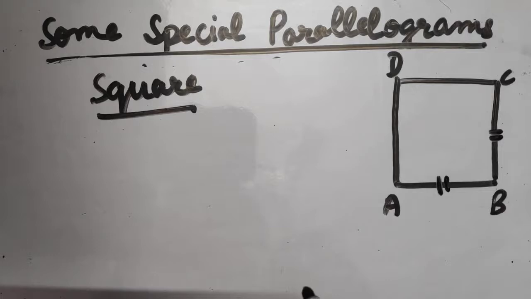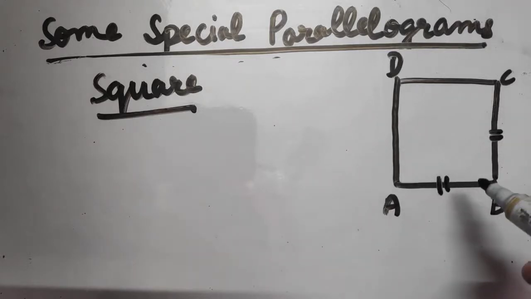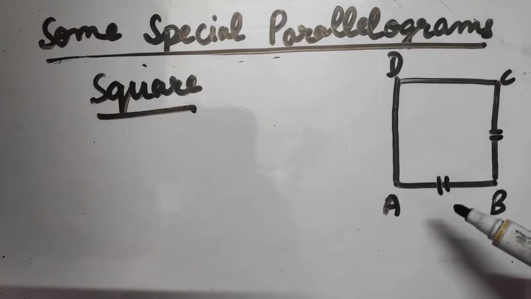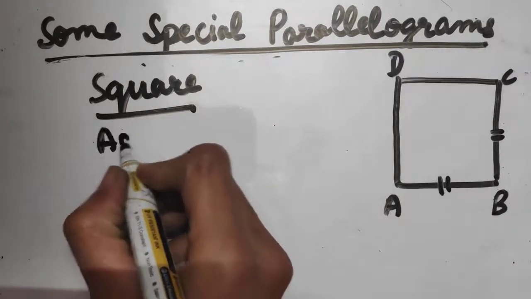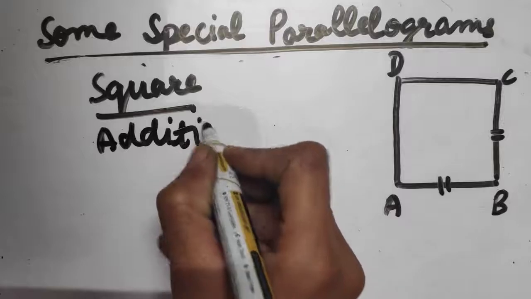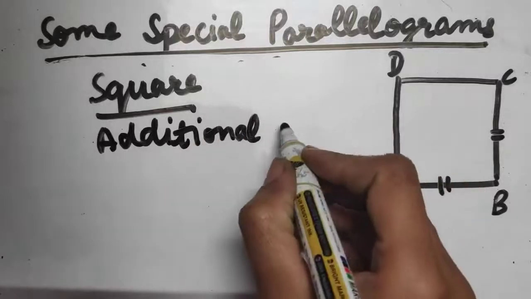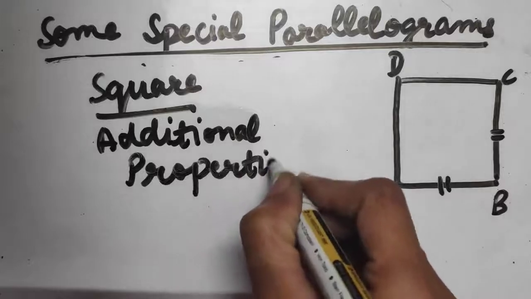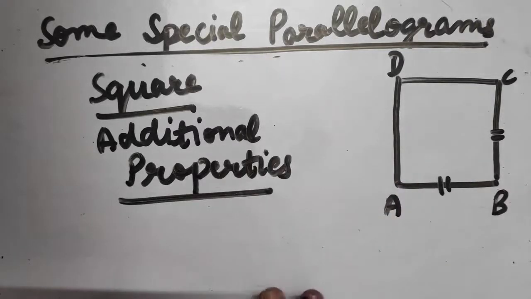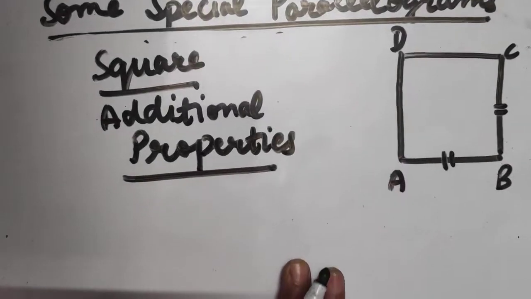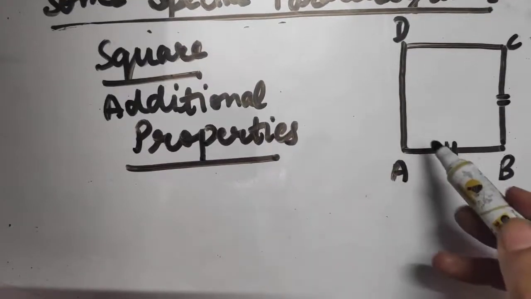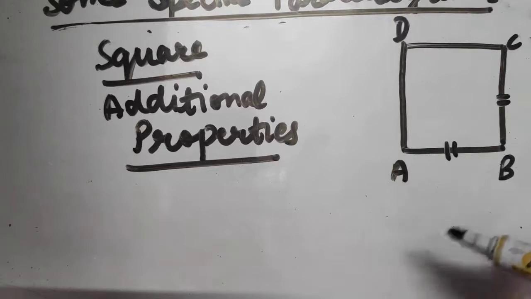Now the properties of a square. Since every square is a parallelogram, it has all the properties of a parallelogram, but there are a few additional properties also. Let us talk about the additional properties of a square. The very first property is all the interior angles of a square are right angles.